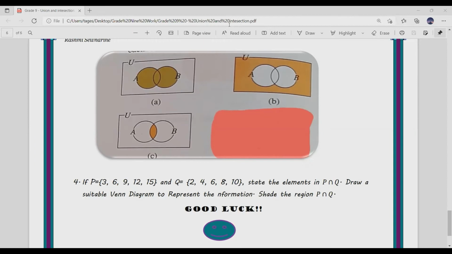All right, so looking at A, we encountered something like this before. Everything is shaded for A and B, even the intersection area is shaded.